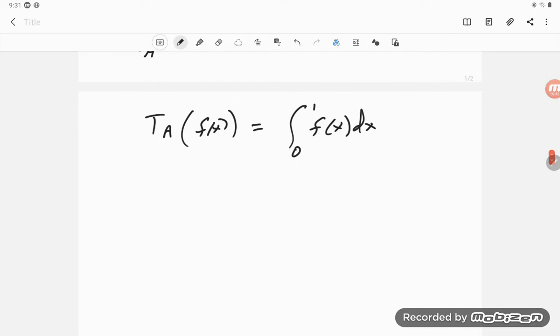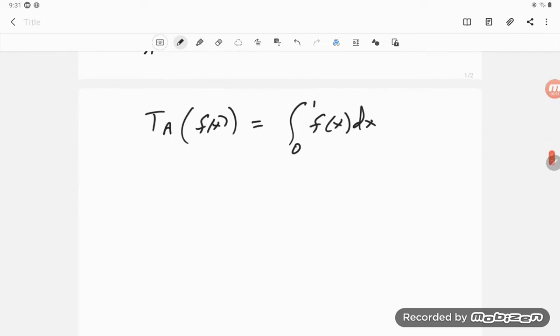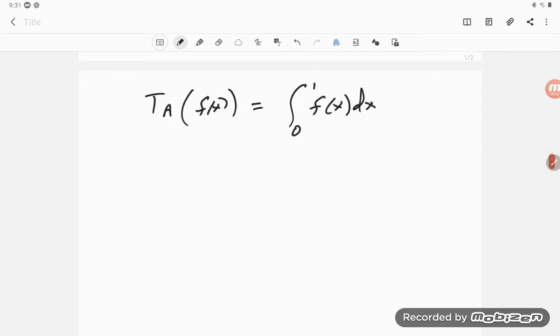And so that's my transformation. And you see, I'm going from the space of continuous functions on the interval 0, 1 to the real numbers, because if this is a definite integral, I get an answer.